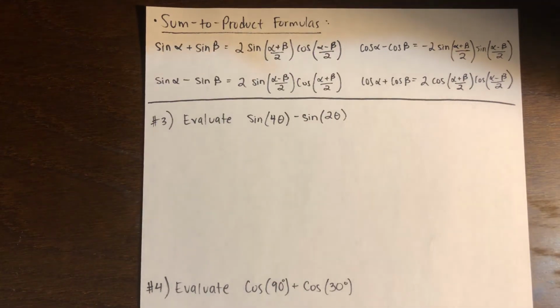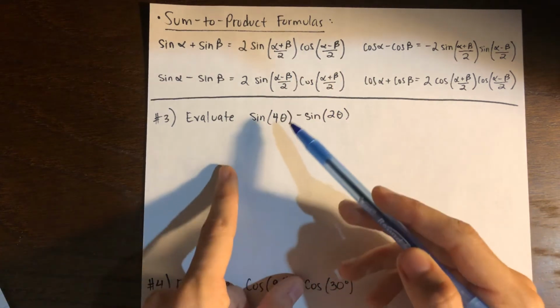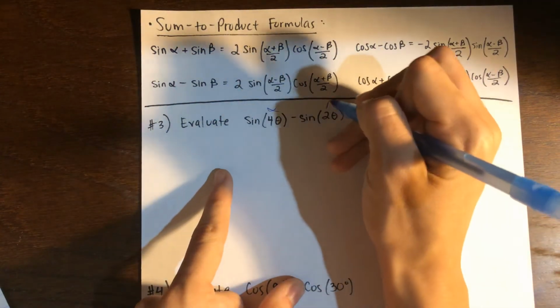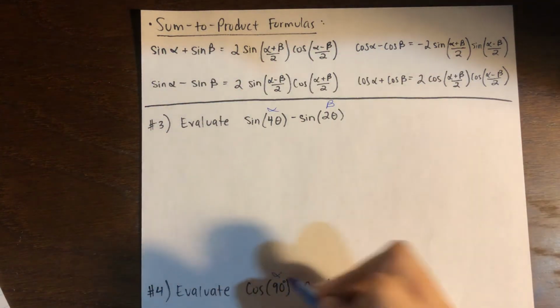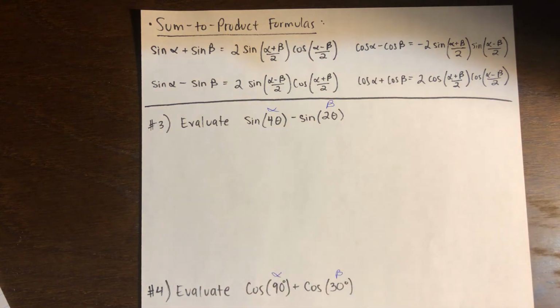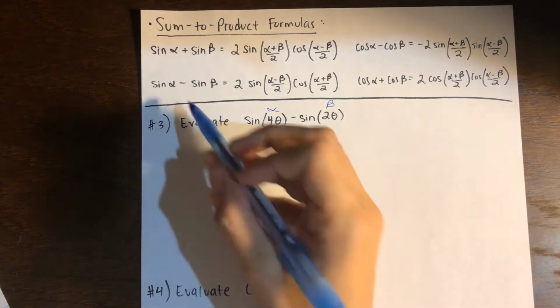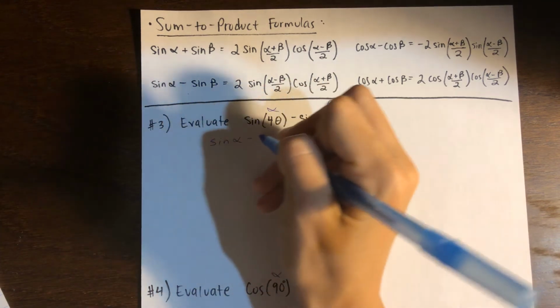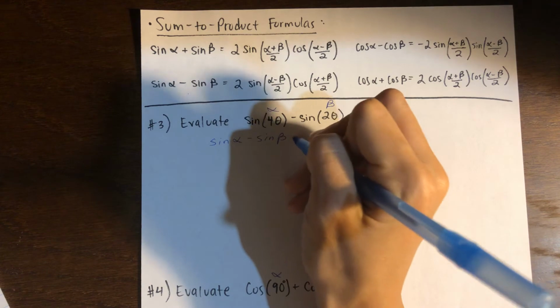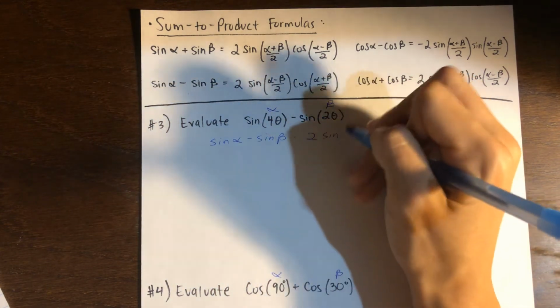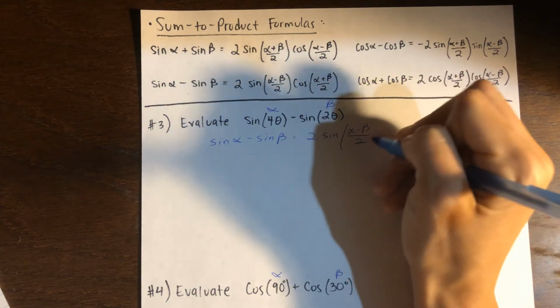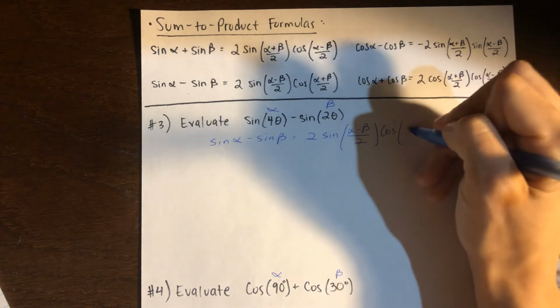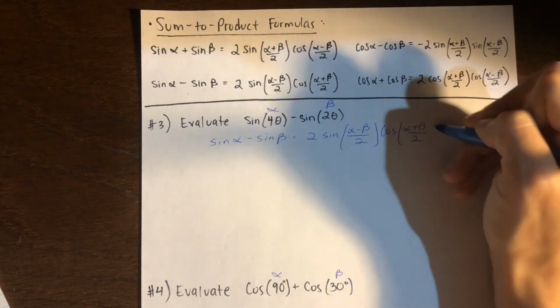So now we're doing sum to product. We're given a set of formulas again, and we're just going to be using these formulas and plugging in what we know. This is alpha and that's beta. We have sine minus sine, so we're using this one. Sine alpha minus sine beta is equal to 2 sine of alpha minus beta divided by 2 times the cosine of alpha plus beta divided by 2.